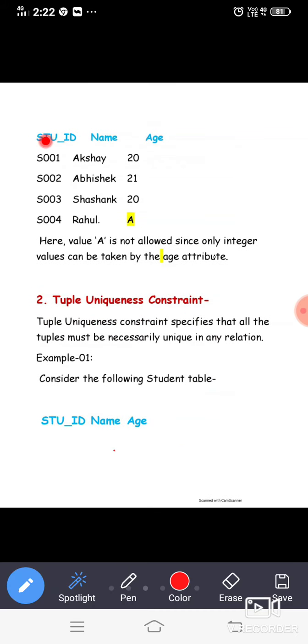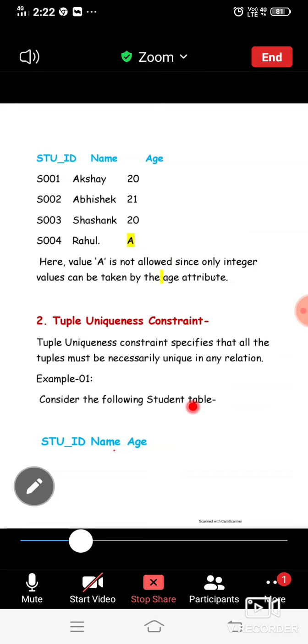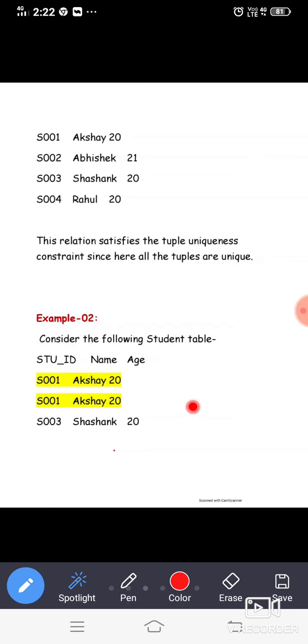Similarly, if you take this table, what kind of constraint is this not satisfying? Domain constraint. In some of the examples, we have taken only the wrong example, and in some of them we have taken both. In the domain constraint, we have taken only the wrong example. In the tuple uniqueness constraint, we have taken one right example and one wrong example.